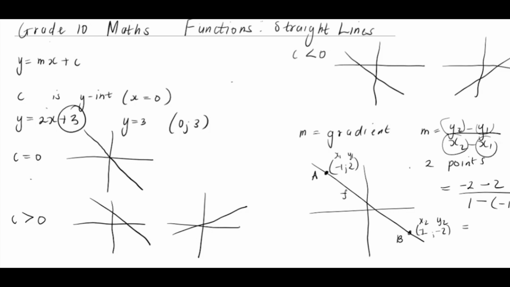Make sure you fill in those brackets when you substitute negative 1 to make sure that the answer is accurate. At the top you type that into the calculator and you get negative 4. At the bottom you get 2. And then that means your answer would be negative 2. Our gradient for this line is negative 2, which makes sense because our line is declining.